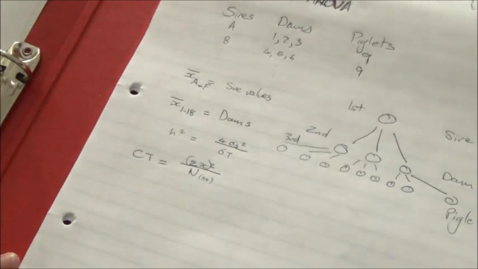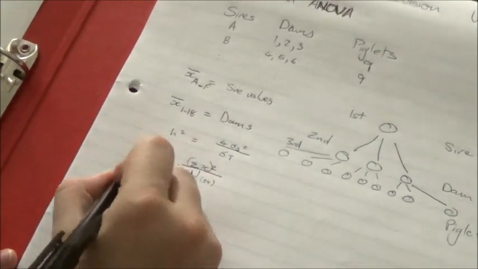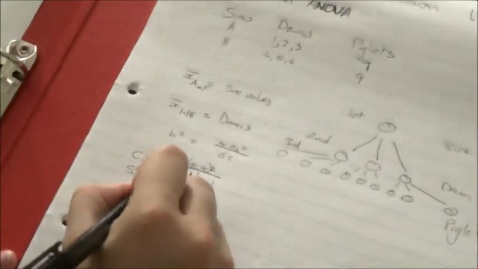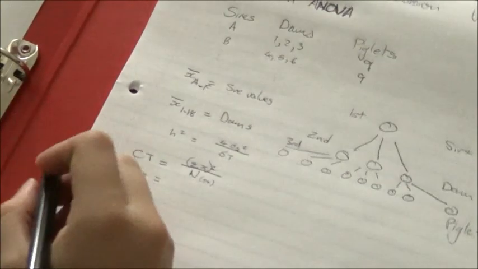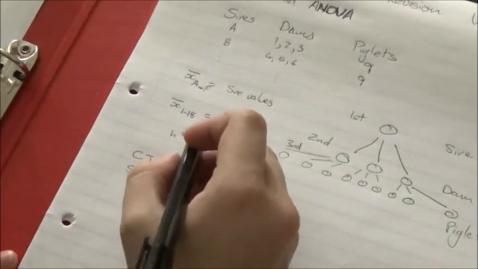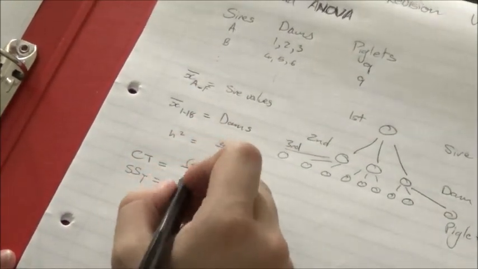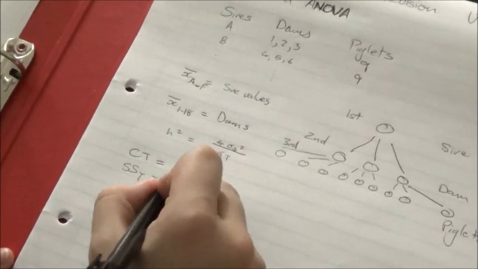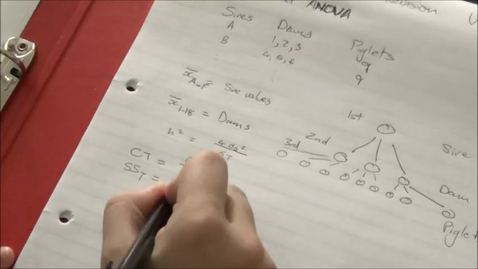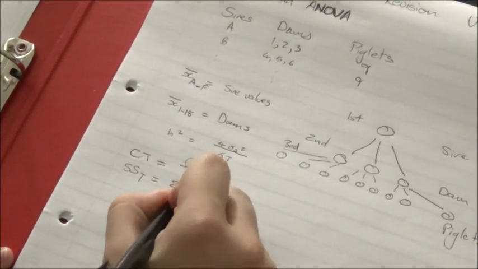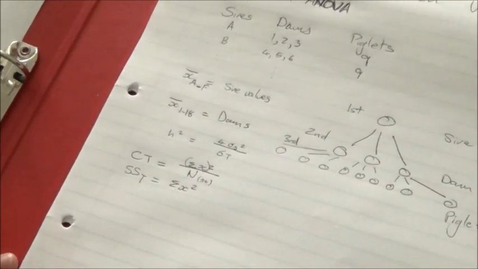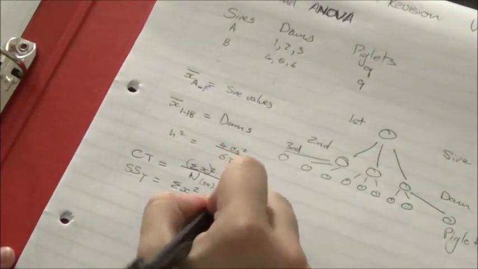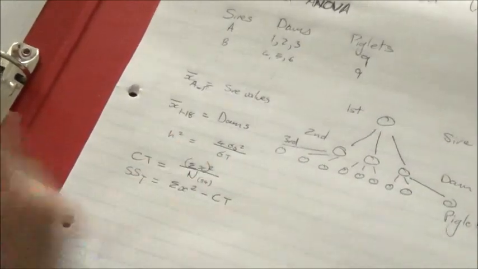Okay. Then we're going to find our first sum of squares, which is our total sum of squares. We use a similar situation now. We find the summation of the x squared values, and we minus our correction factor.